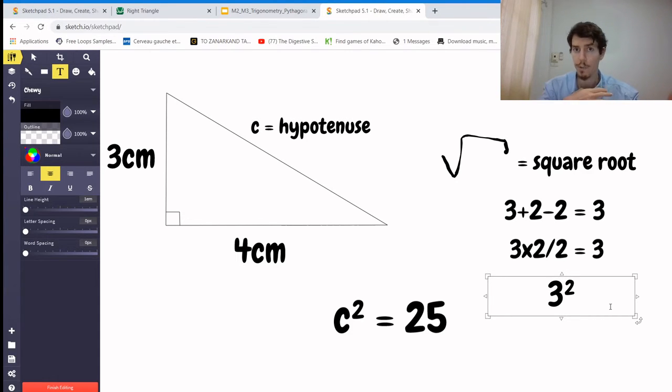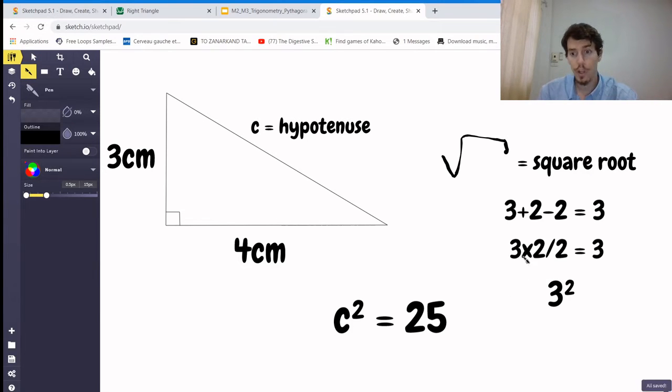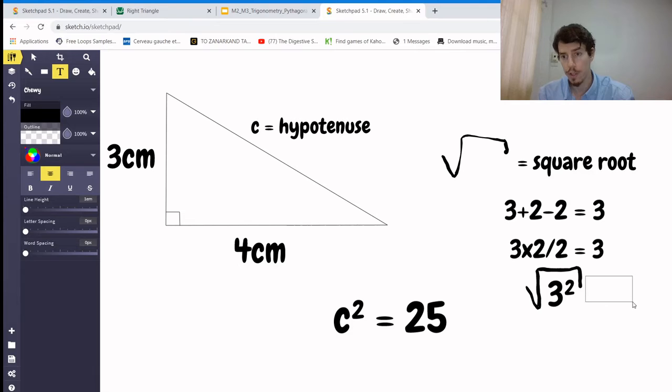The same way we did before with the plus and the minus, the multiply and the divide. Here, to go back to 3, we're going to do the square root, okay? If I take the square root of 3 square, this is equal to 3.